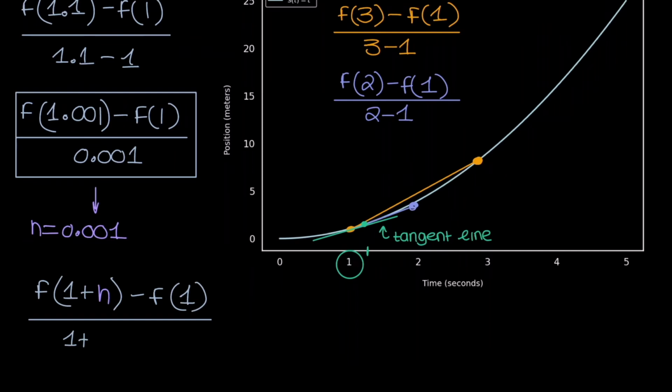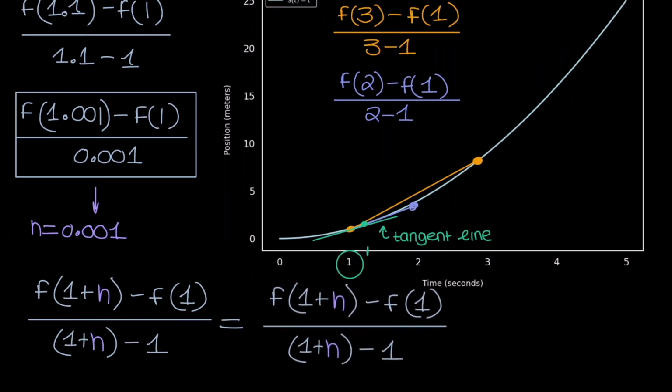So I am left with that, which is basically the same as keeping h in the denominator. And here's h in the denominator, right?